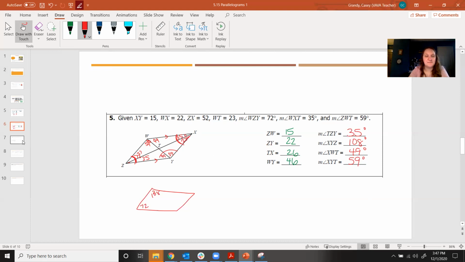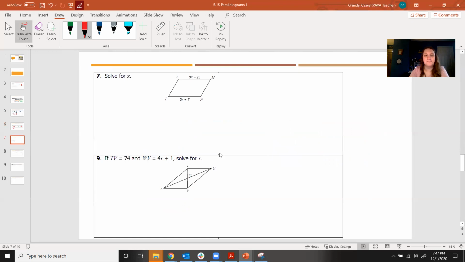Okay, let's look at number 7. Here I have a parallelogram, and opposite sides are labeled. We know the relationship between the opposite sides. Opposite sides are congruent. So I can say that LM is congruent to PN. To set this up algebraically, I can say that 9x minus 25 has to equal 5x plus 7. And now I can solve for x.